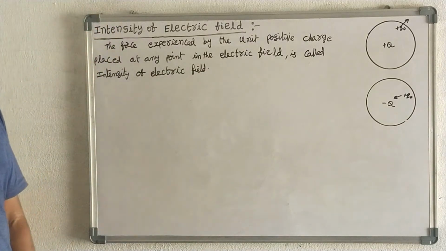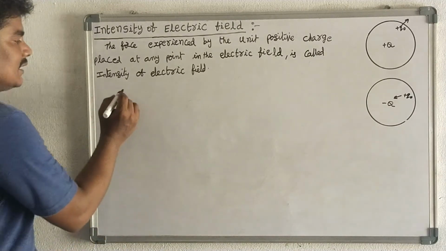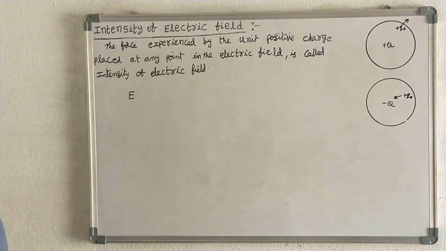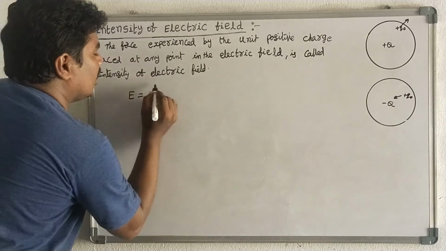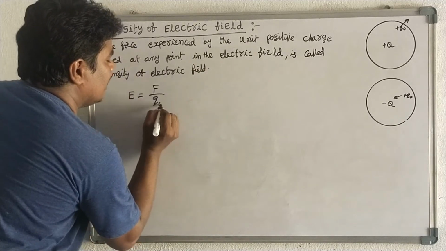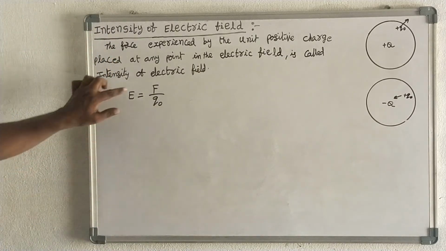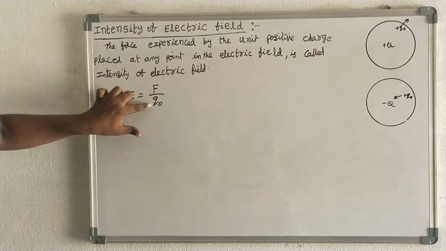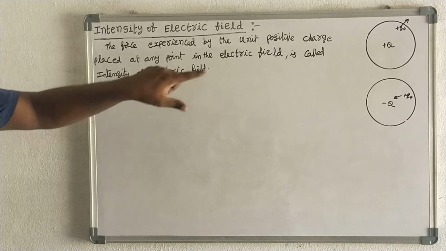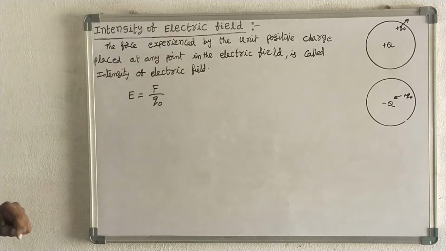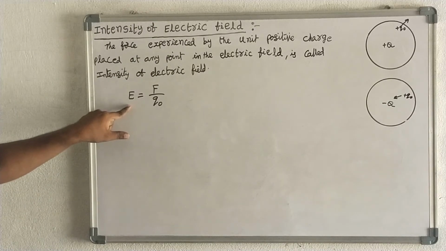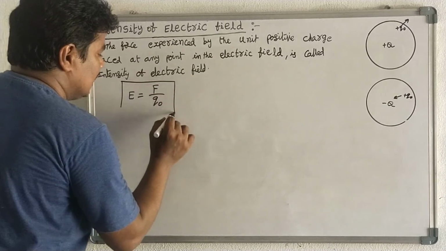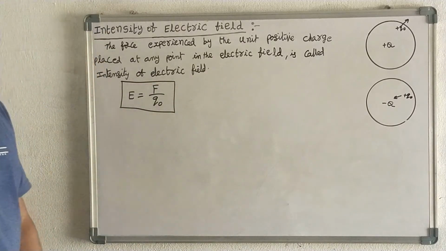This intensity of electric field is represented by E. E is equal to F by Q naught. The force experienced by the unit positive charge at any point in the electric field is called intensity of electric field. E is equal to F by Q naught.